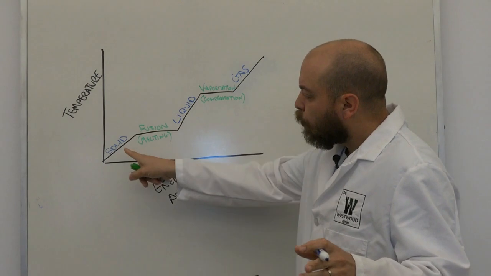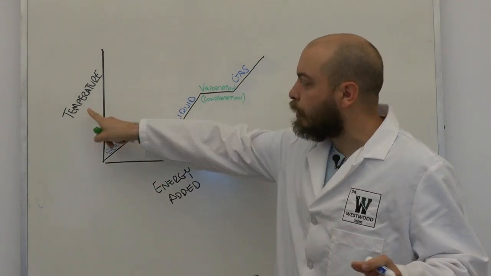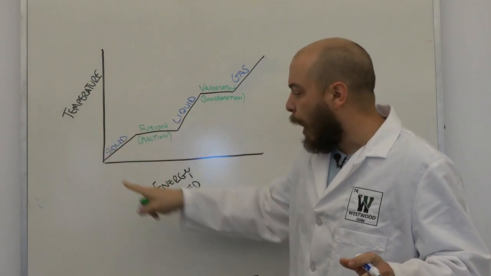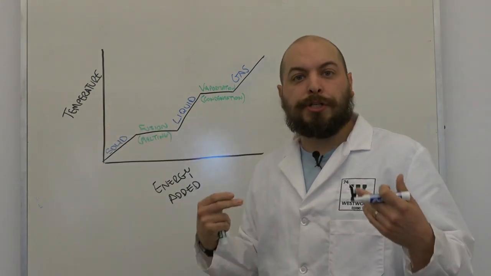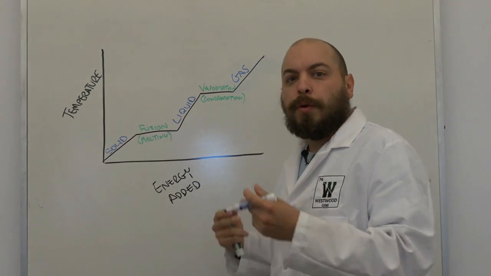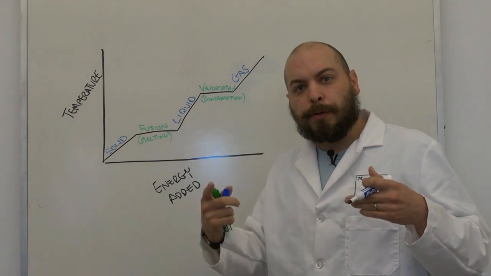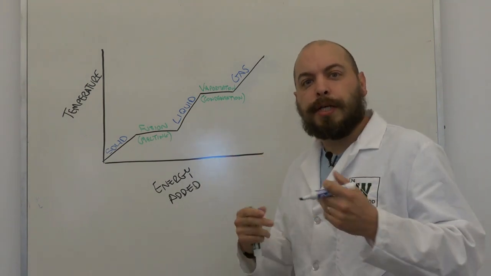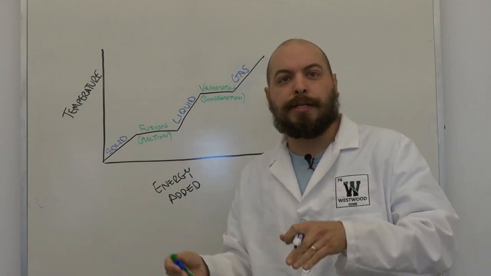Within our solid, liquid, and gas regions, you can see that the temperature is changing as we add energy. When the temperature changes, that means we're changing kinetic energy. You have to remember what causes a change in kinetic energy of any substance, and that's its specific heat.